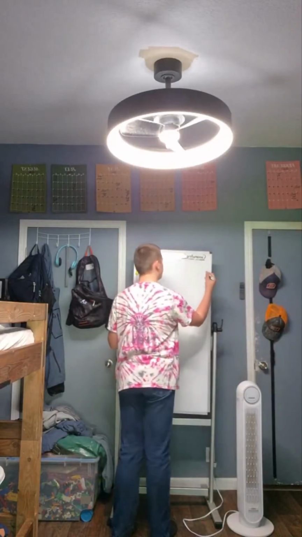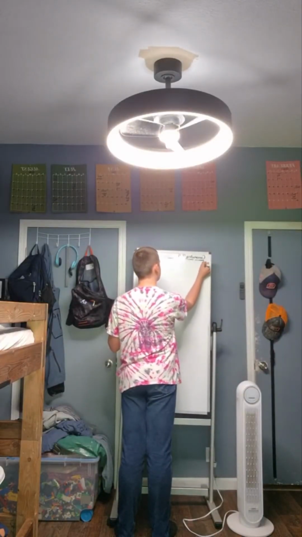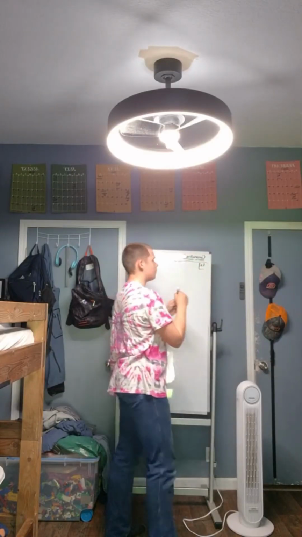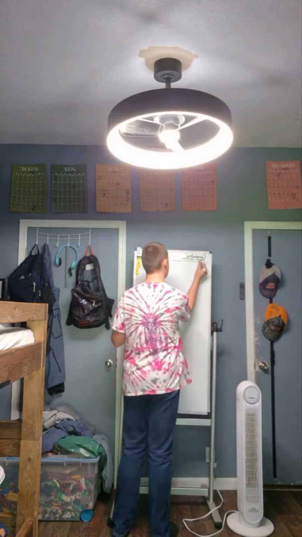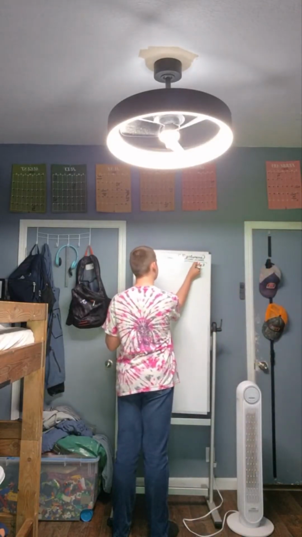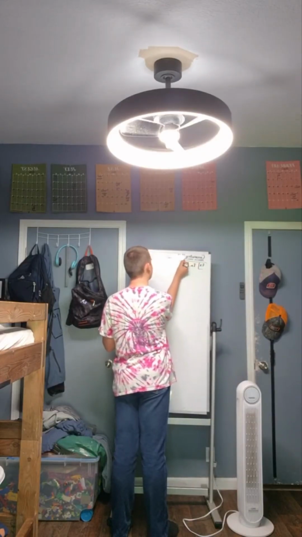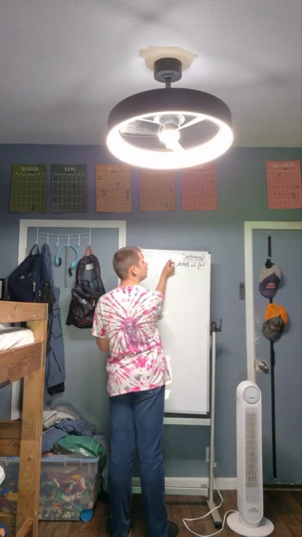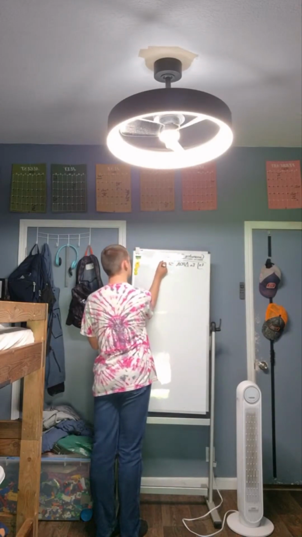So, for example, okay, so let's see. In triangle PQR, segment ST is parallel to RQ.